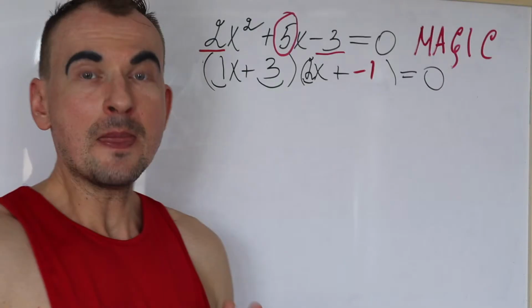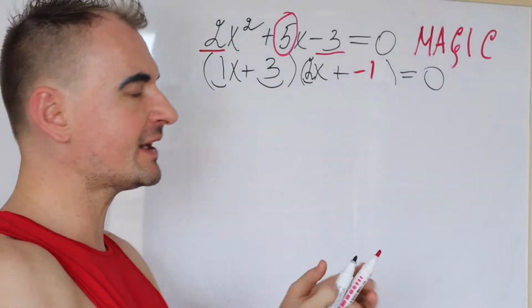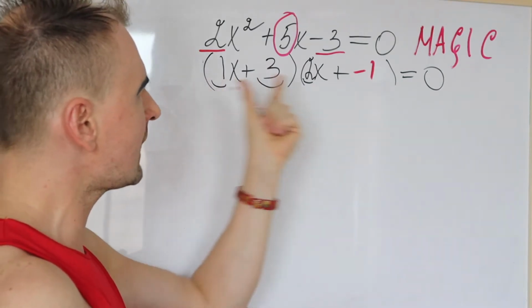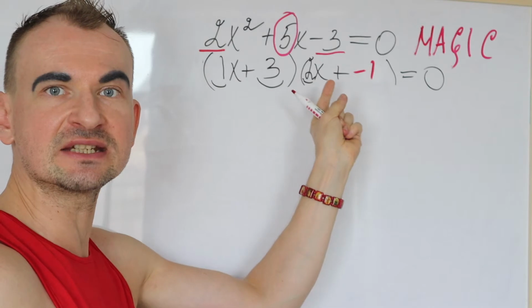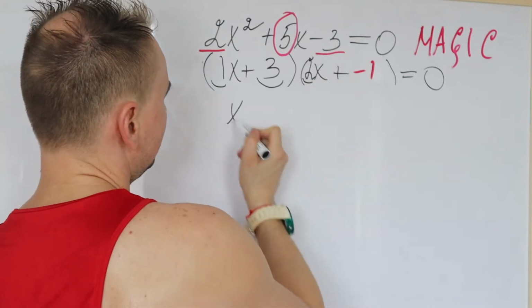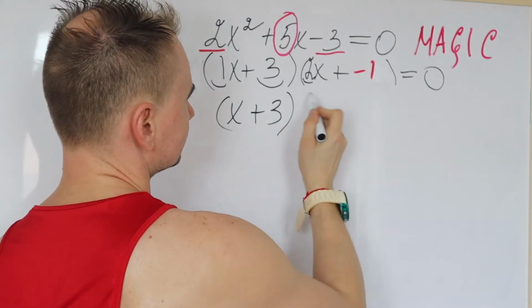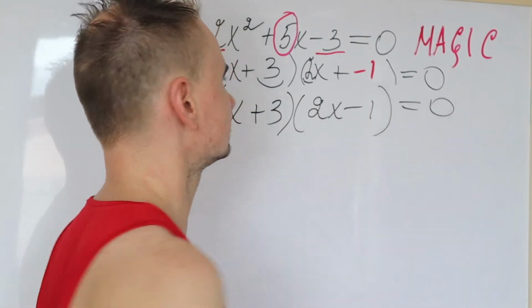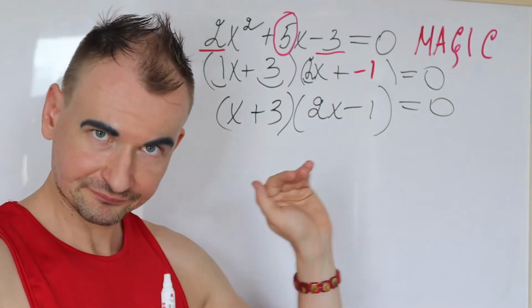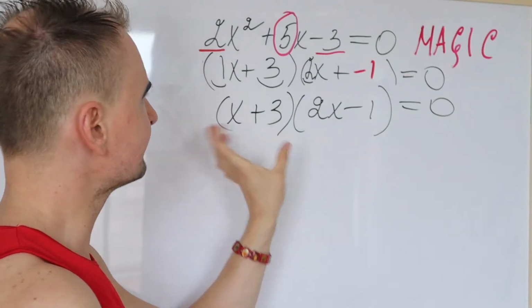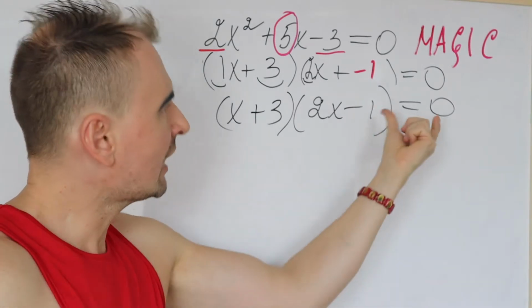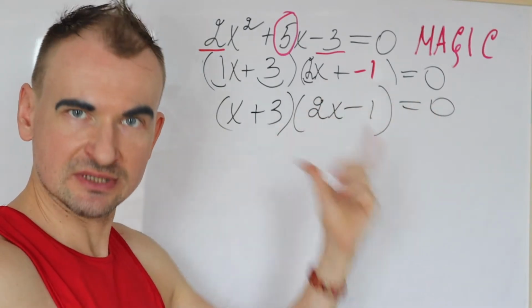Moving on. Now I'm going to clean up these parentheses and rewrite it, just leaving this one and pulling this negative over there. Now, keep going. We have two parentheses multiplied together and equal to 0.